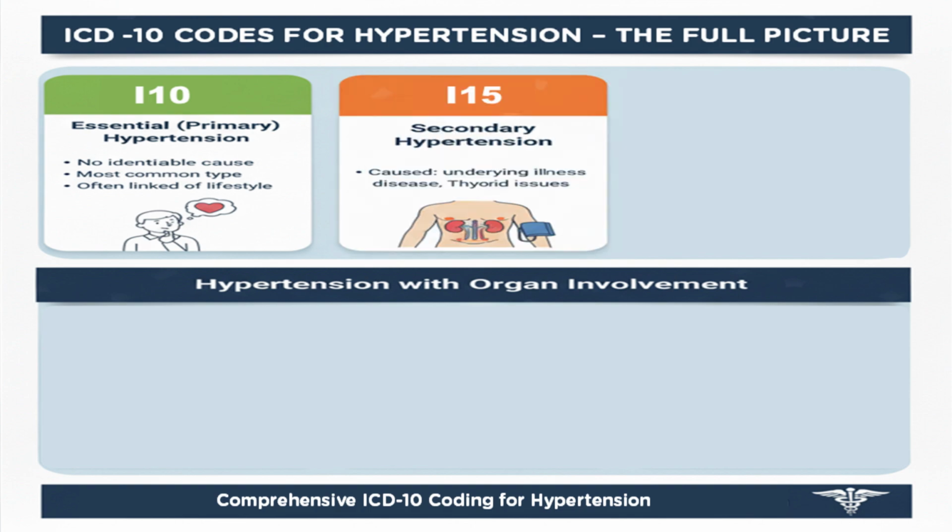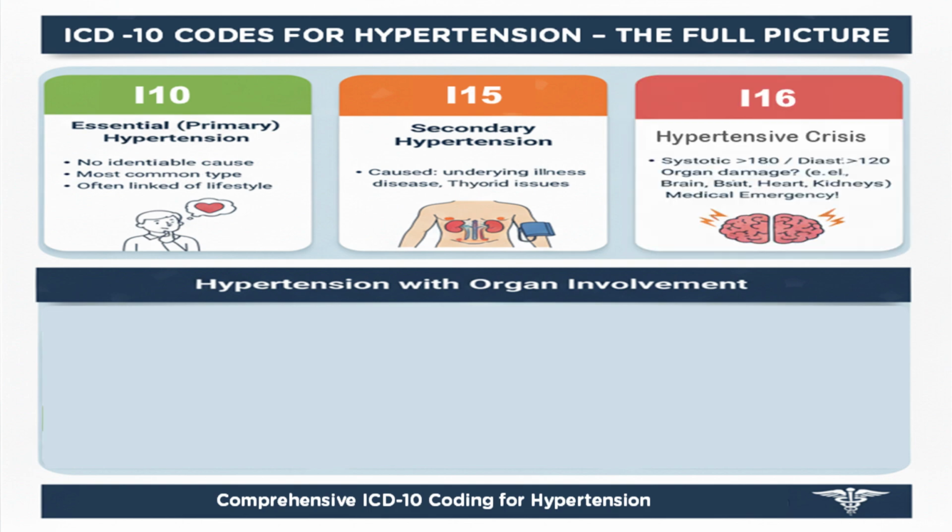Next, I15, secondary hypertension. This occurs when there's an underlying disease like a kidney disorder, endocrine issue, or thyroid problem. For instance, if hypertension is due to chronic renal disease or an adrenal tumor, use I15 with the underlying condition.